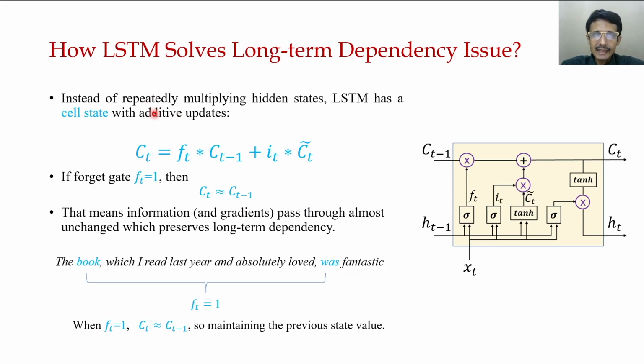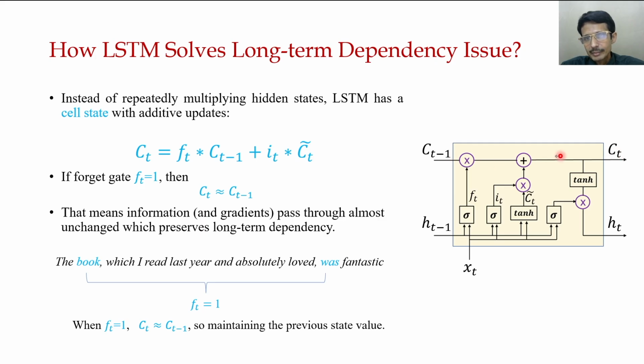Now, instead of repeatedly multiplying, as is the case in the RNN and in BPTT, LSTM has a cell state with additive updates like this: CT equals FT times CT minus 1 plus IT times C tilde. So if the forget gate is 1, then CT is almost close to CT minus 1, so this information just flows here without changing anything. That means the information and the gradients pass through almost unchanged, which preserves long-term dependency.